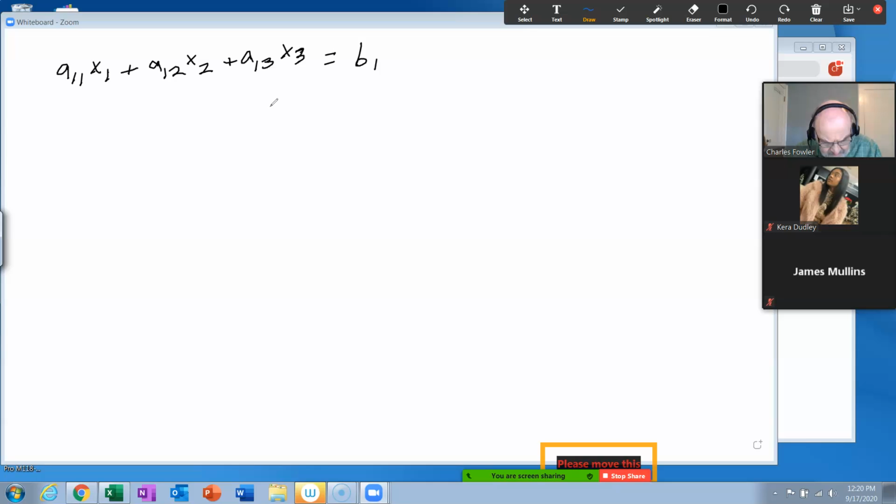Second equation will be a21 times that same first variable, x sub 1, plus a22 times x sub 2, plus a23 times x sub 3, and that's equal to B2.